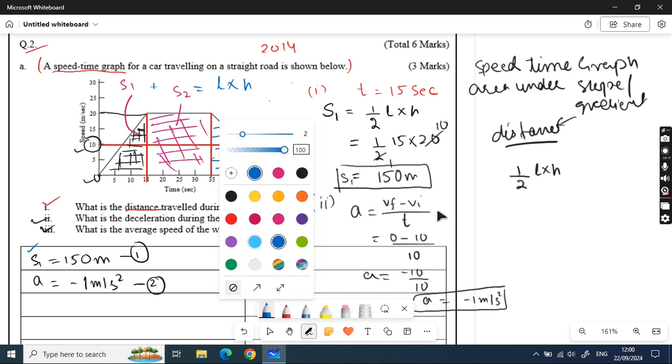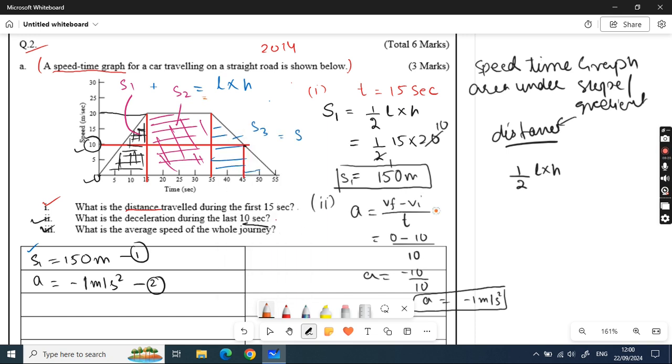S2 is equal to length, 35 minus 15, which means 20, and the height is 20. So 20 into 20 is 400 meter. The distance for the area under this part is S2, and it is 400 meter. So S1 is 150 meter, S2 is equal to 400 meter.